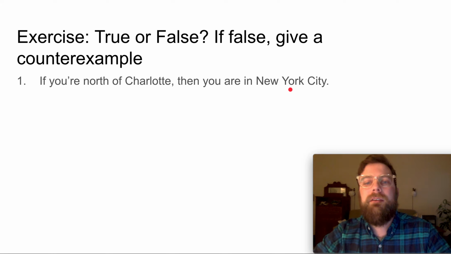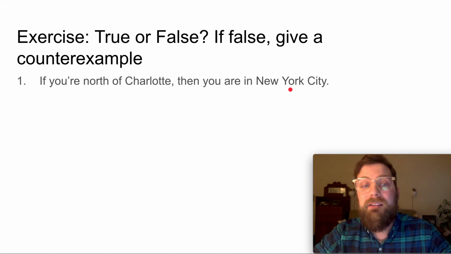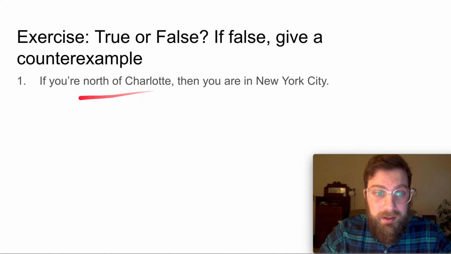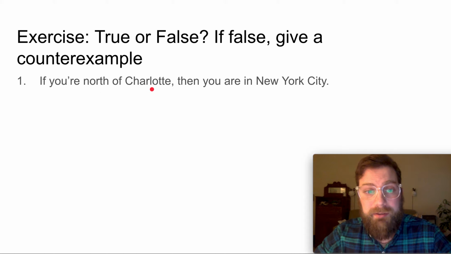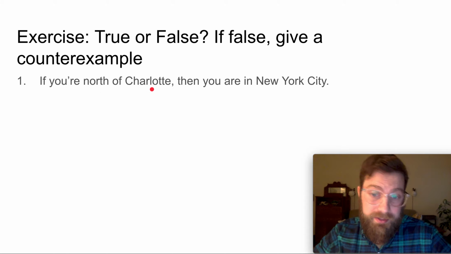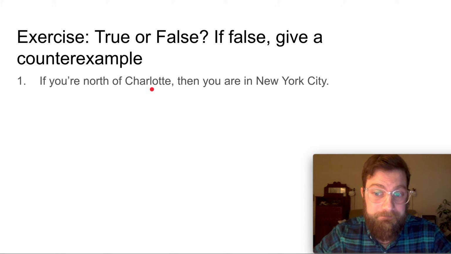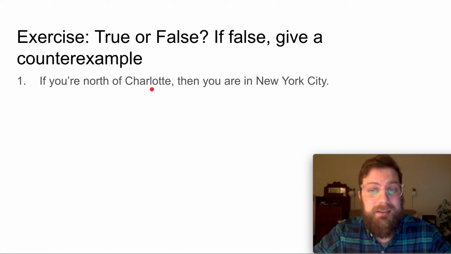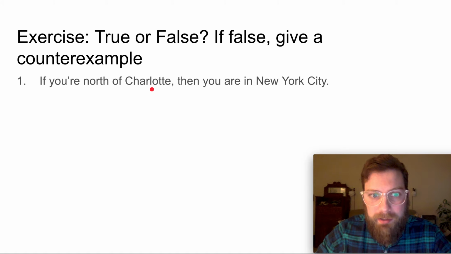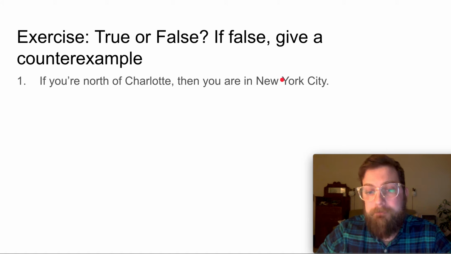But it might occur to you that this is definitely a false conditional, because many of you are north of the city of Charlotte right now, but you're also not in New York City. So I'm recording this in my apartment in Winston-Salem, which is north of Charlotte, but I'm not in New York City. So this is a false conditional for that reason, right?